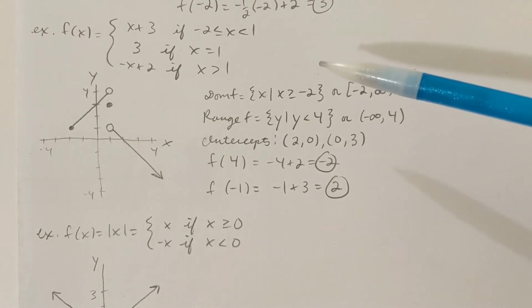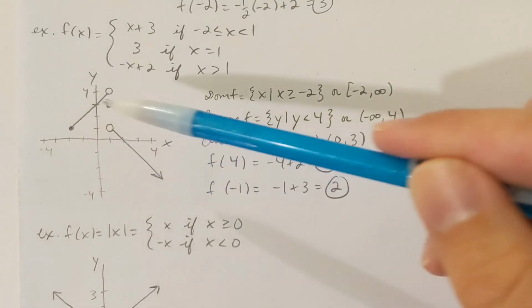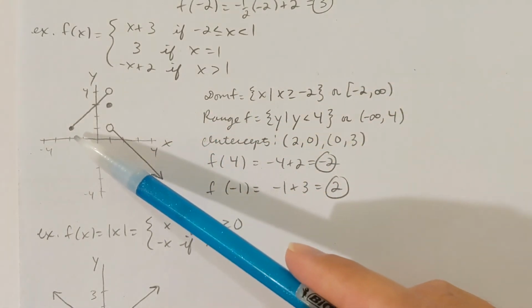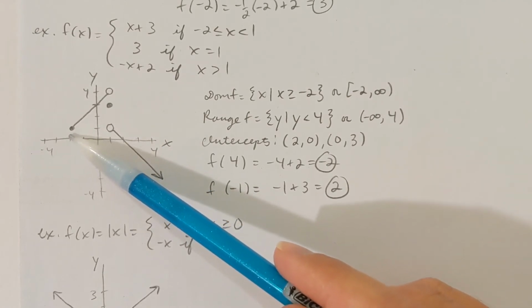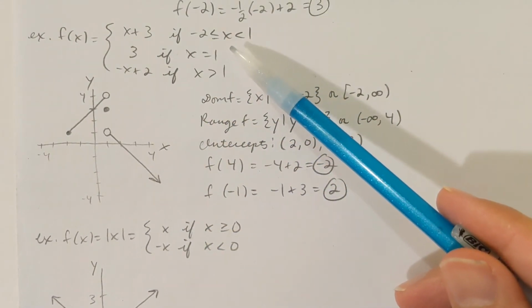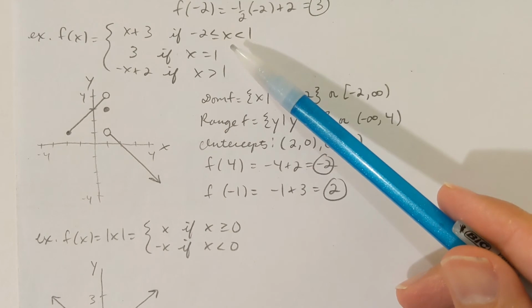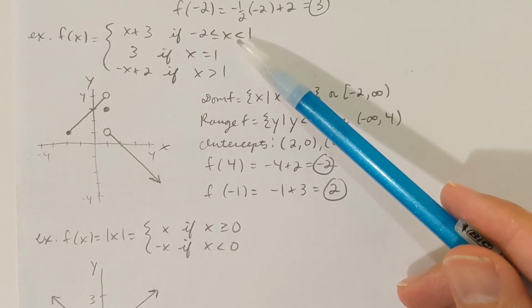Okay, the domain of f is all real numbers such that x is greater than or equal to negative 2. So here I am at negative 2. And I can see that from how this function is defined. I'm defined for when x is between negative 2 and 1, including negative 2.